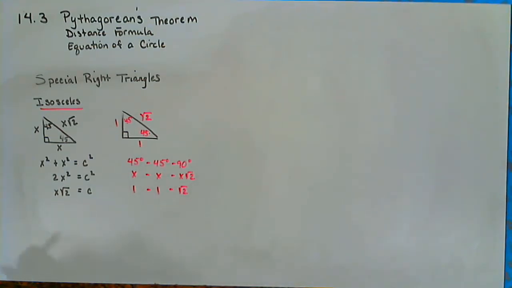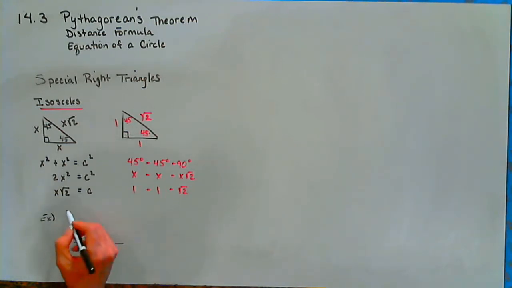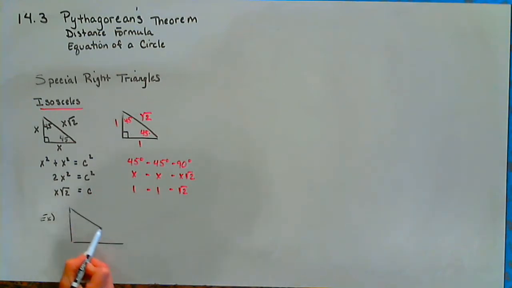So you might say, well, why do I care? How can that help me? Well, I know you could do Pythagorean theorem, because we just did it. But let's say I give you this triangle, and I tell you that this is 45 degrees. You automatically know the other one's 45 because the sum of these three has to add up to 180.